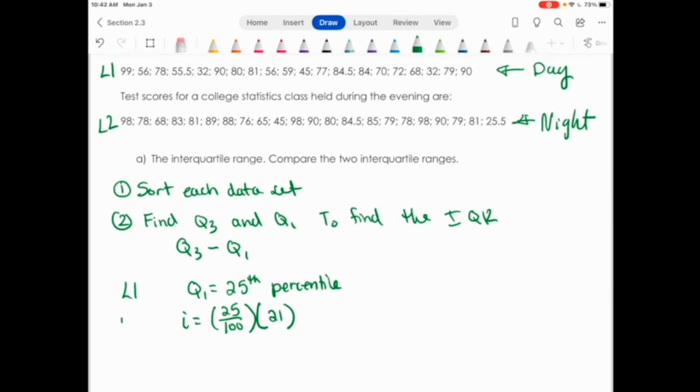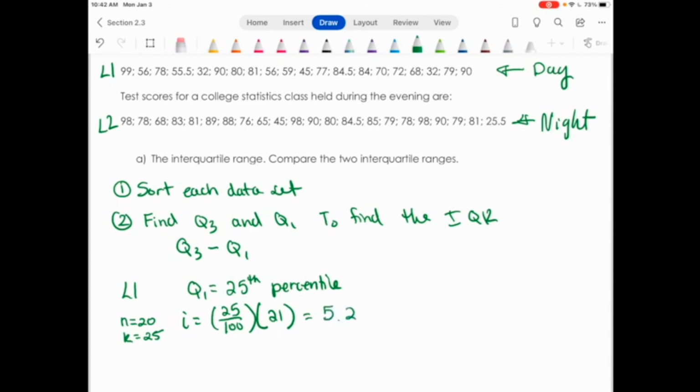So let me make a note of that over here to the side. N is 20 in the first data set, and K in this case will be 25 because we're looking for the 25th percentile. Okay, so we're going to put that in on our calculators.